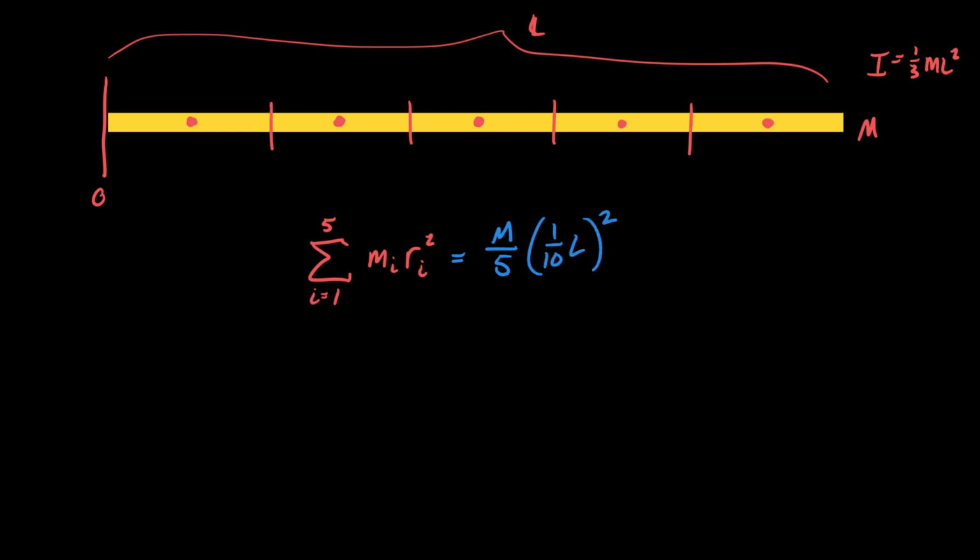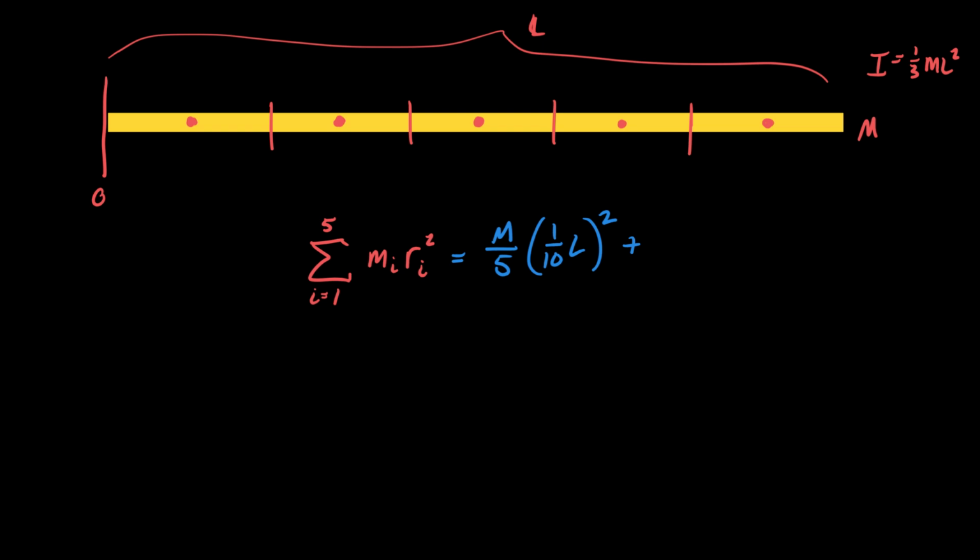All right. Let's go to the next piece. I think there's going to be some repeated values here. Do you see that? So if I go to the next piece, what is the mass of the next piece? M over 5. All the pieces should be the same. I don't have to divide it up the same way, but it seems like a reasonable thing to do.